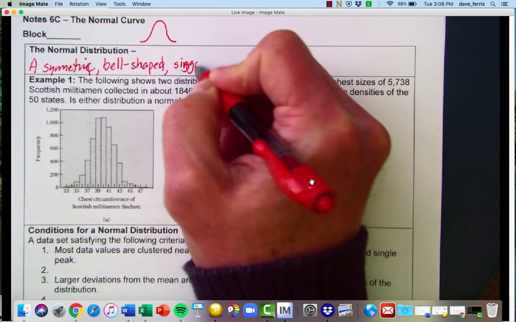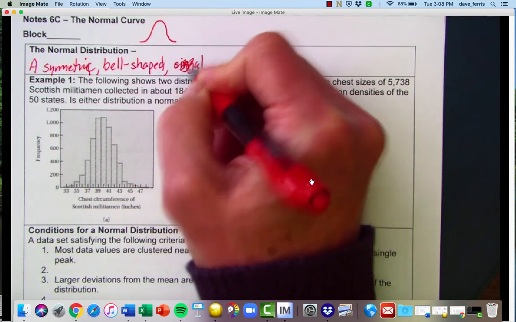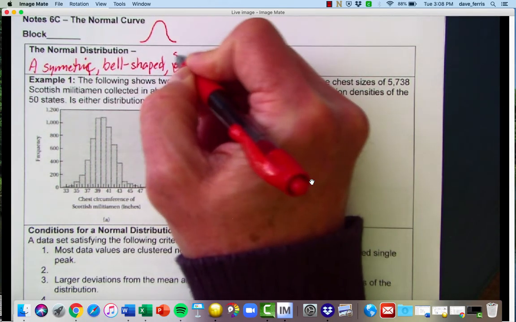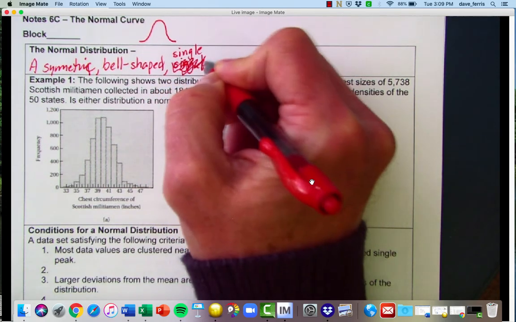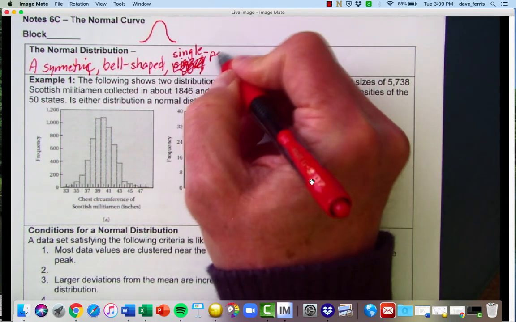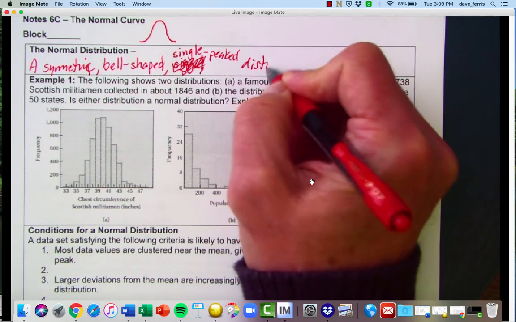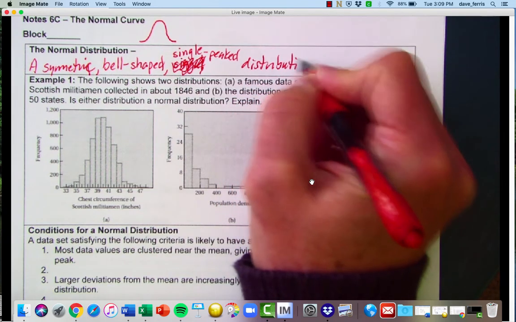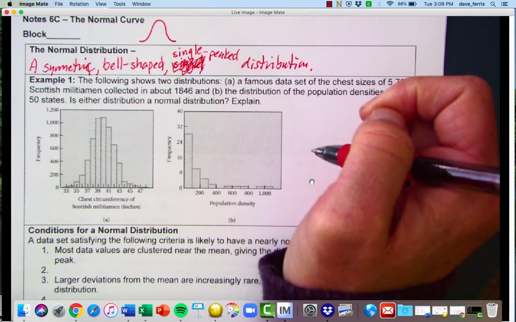Boy, I am having trouble spelling already. It's amazing the skills that just go away, like spelling, for instance. So a symmetric, bell-shaped, single-peaked distribution. That's the official definition of a normal distribution.